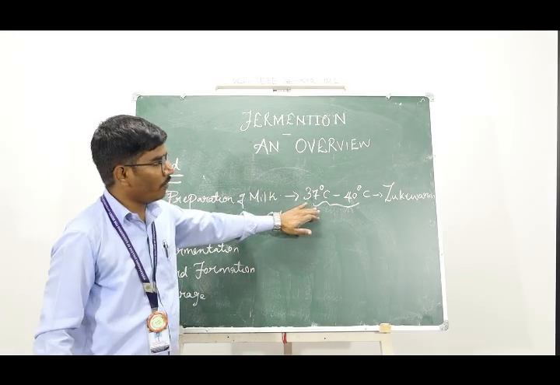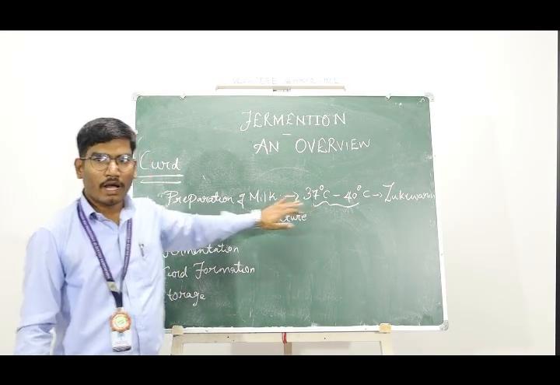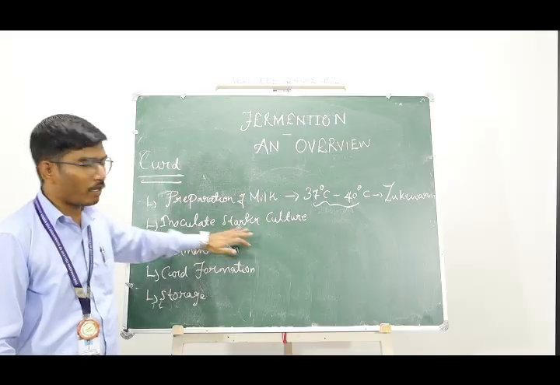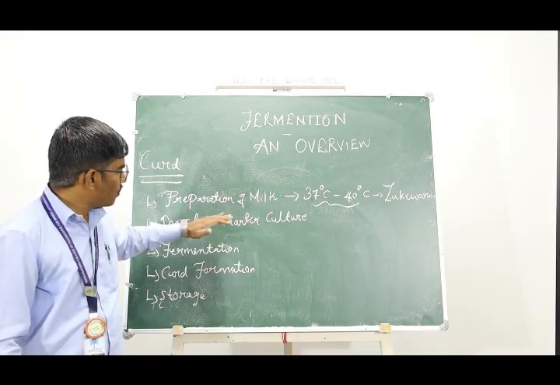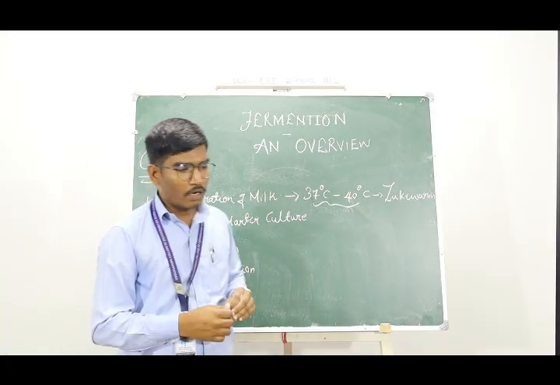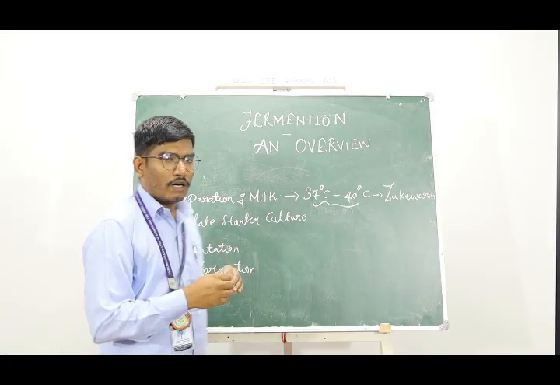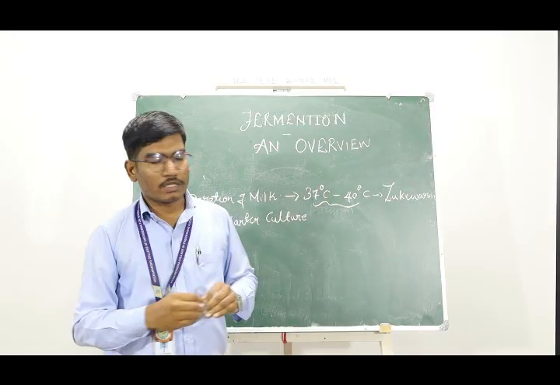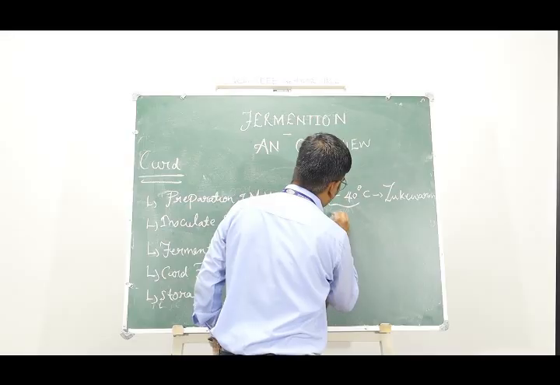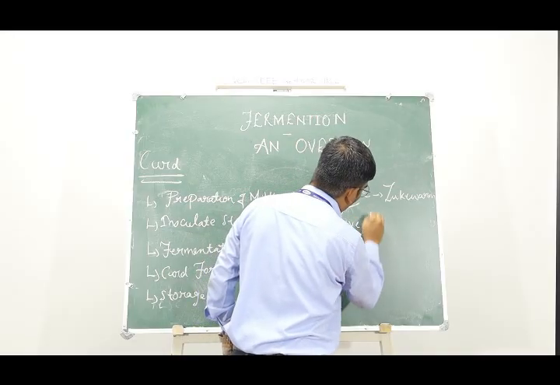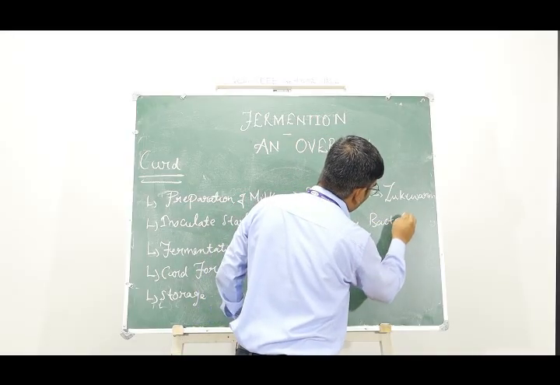Now the milk is ready, and the next step is to inoculate the starter culture. How do we introduce it? We already have curd, and in that curd some live bacteria are present, which are introduced onto the prepared milk. So here the live bacteria are introduced.